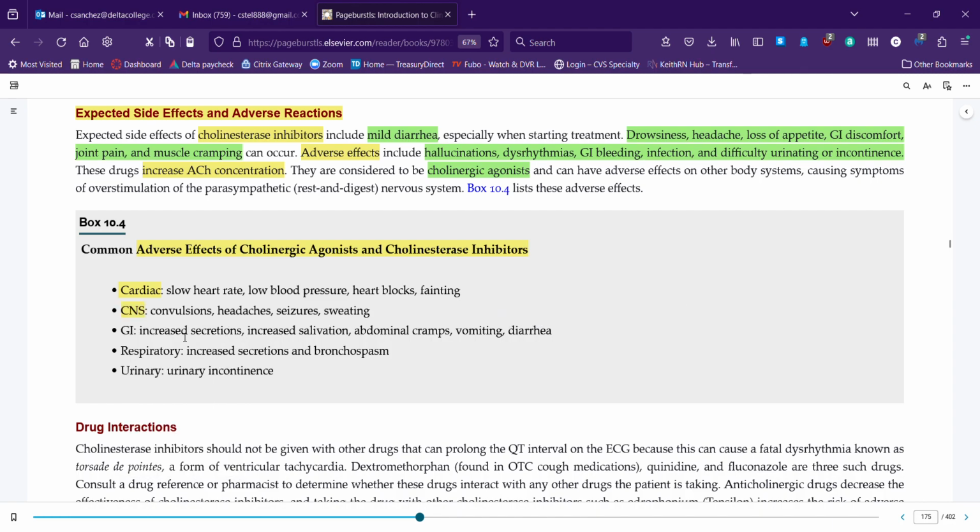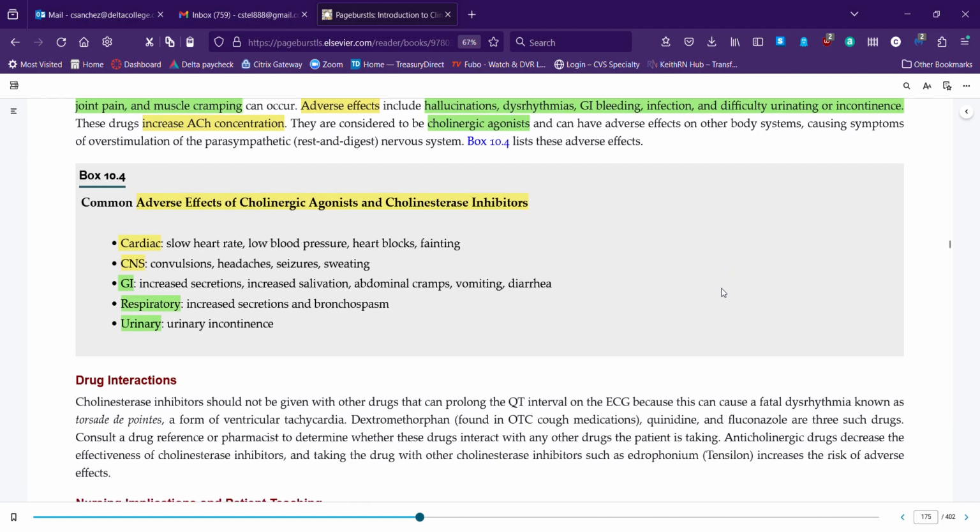Our central nervous system, it can cause convulsions, headaches, seizures, and sweating. Our GI system, it can cause increased secretions, increased saliva, abdominal cramping, vomiting, and diarrhea. Respiratory can have increased secretions and bronchospasms. And urinary, it can cause urinary incontinence. So again, these are adverse effects.